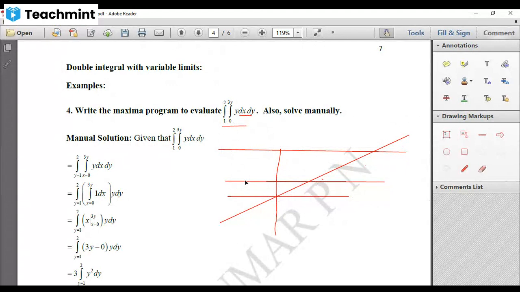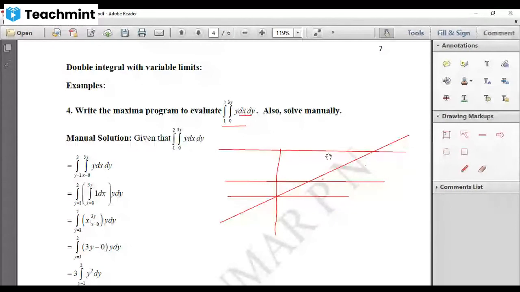Is that fine? x equal to 0, all the points right to this. Then x equal to 3y, all the points, yes, this. Then y equal to 1, this line, right? Then y equal to 2, this. Fine. So the intersection is this.